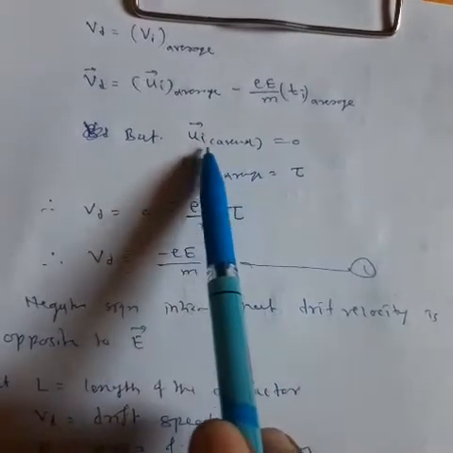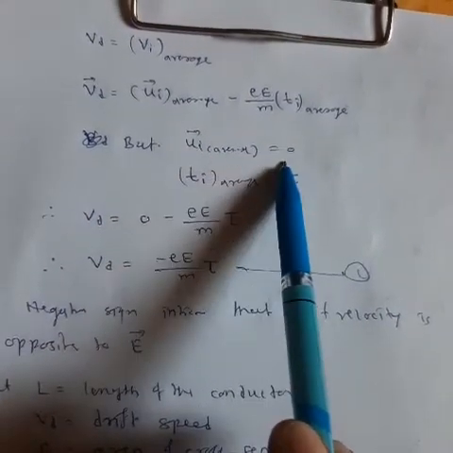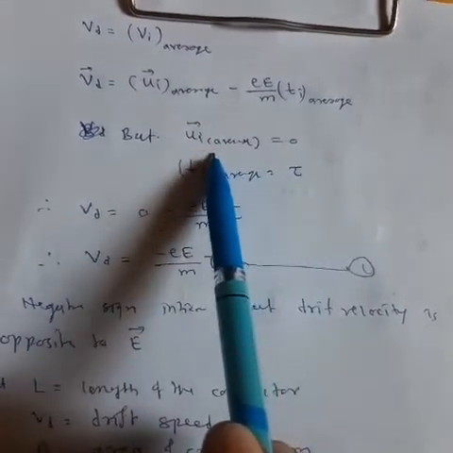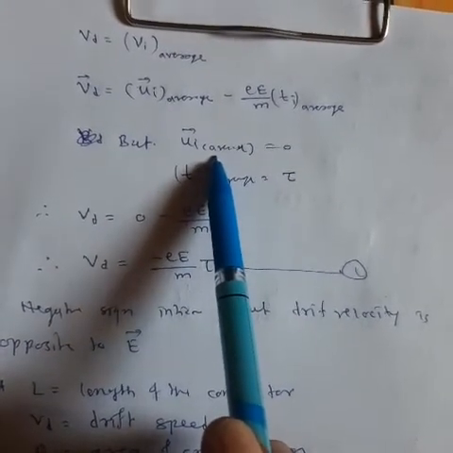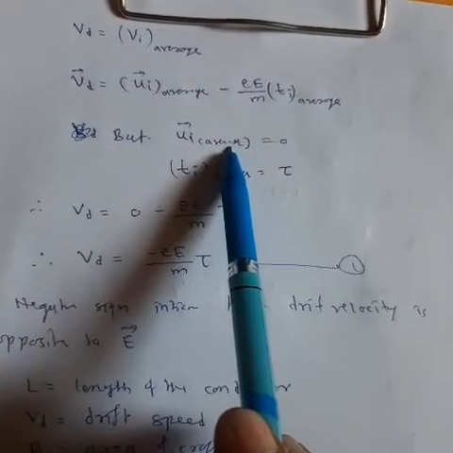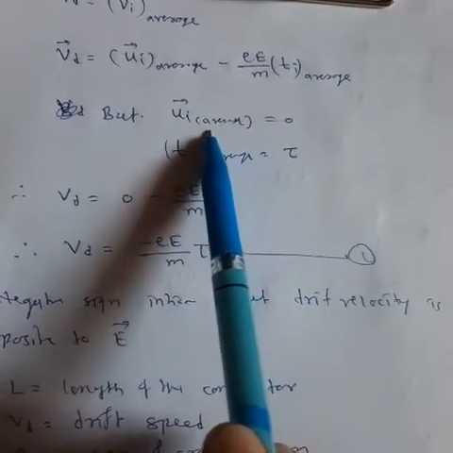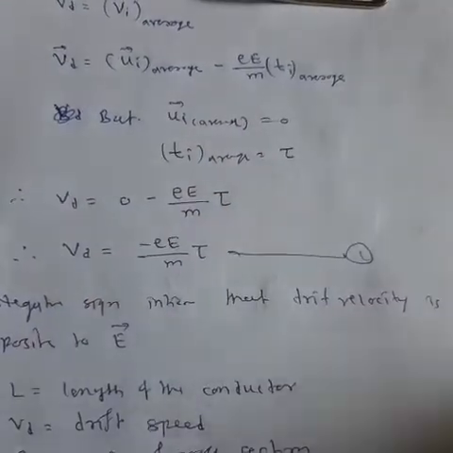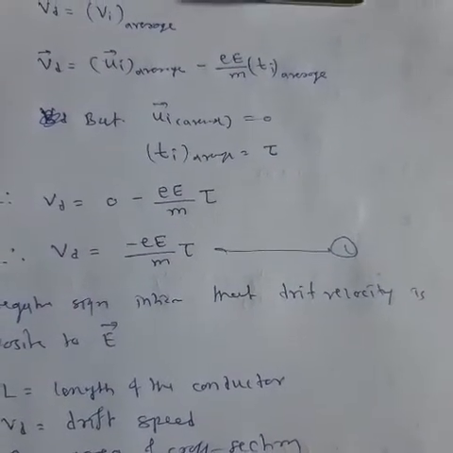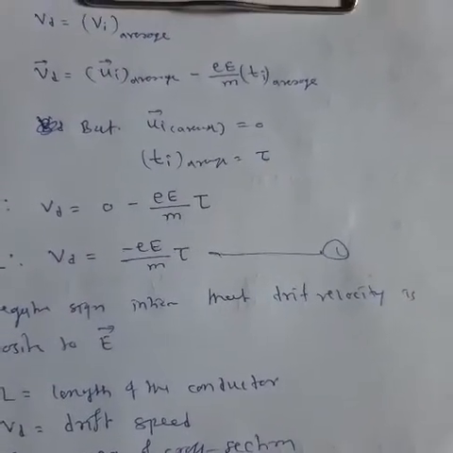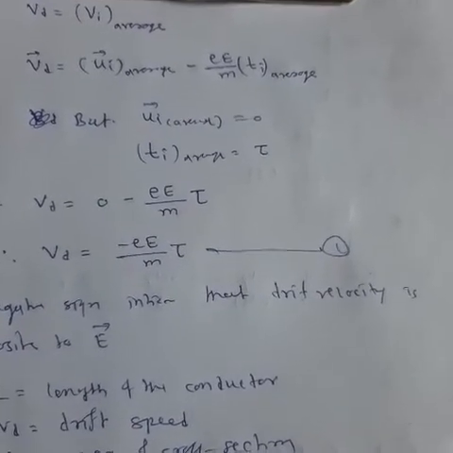We know that ui average is equal to 0, because the vector sum of all initial velocities is equal to 0, because the direction of velocity is different for different electrons, and therefore their vector sum is equal to 0.